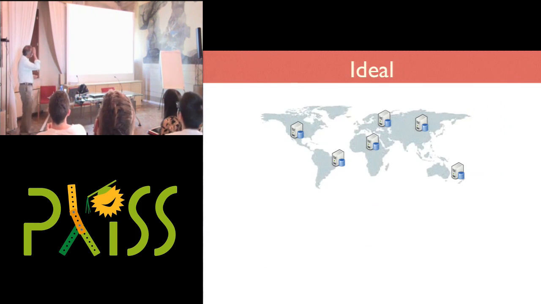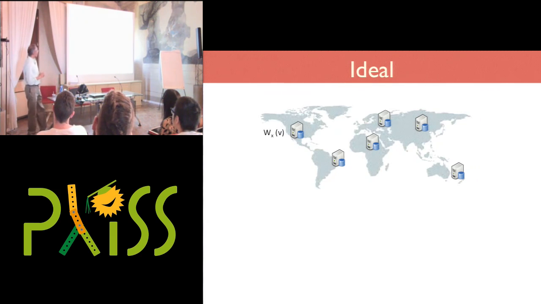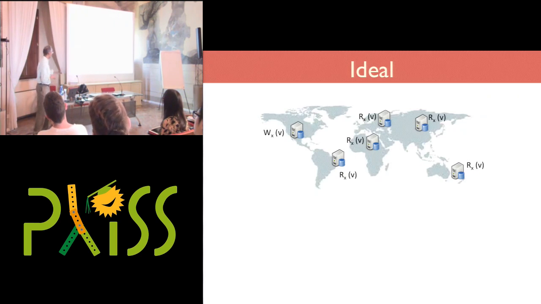So, what's the ideal case that we want? Well, the ideal case that we might want to think about is one in which every write that I perform is instantaneously witnessed by every node that comprises the system. So, if I were to write the value of v to x, it would be great if there were no cost. If that write were magically found on every node in the system, regardless of where that node was.